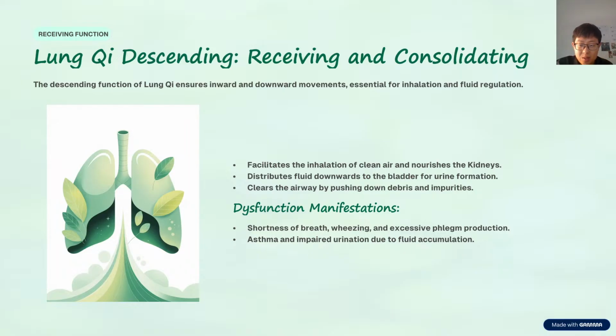If the lung energy fails to descend, symptoms like shortness of breath, wheezing, and phlegm may occur. If the lung energy cannot descend to the kidney, you cannot breathe in deeply, so the patient will feel shortness of breath and wheezing.